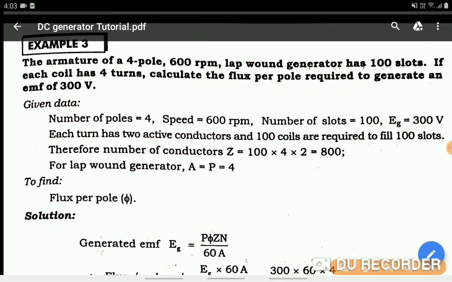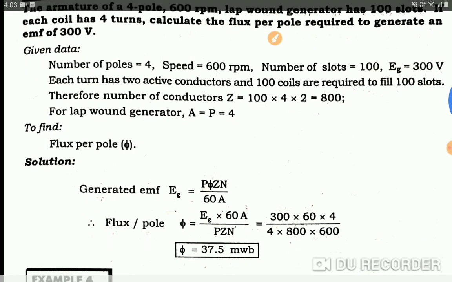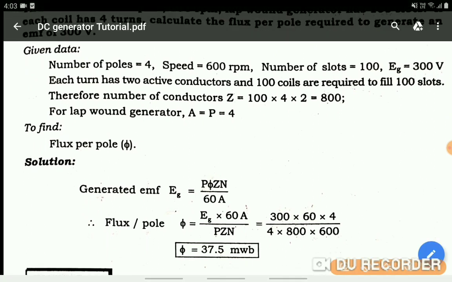Well, we are well versed in the expression: EG equal to P phi ZN by 60A. So from this we are rearranging the expression.